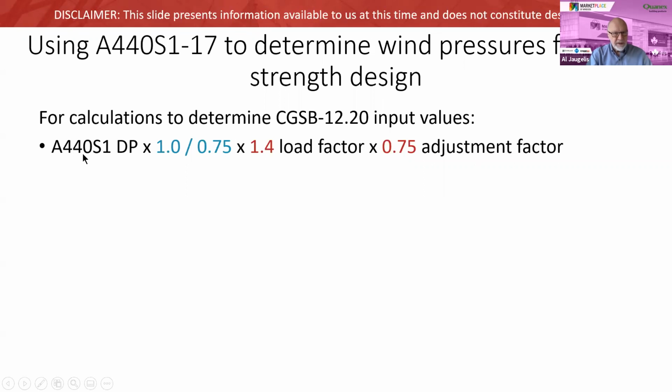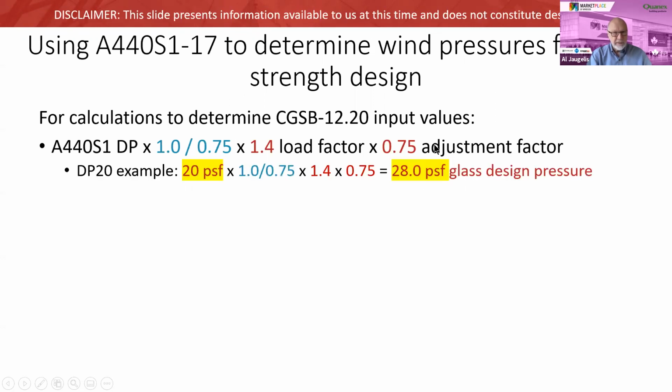If we're going to design to the Canadian standard, CGSB 12.20, we could start with the Canadian supplement design pressure for the building location and the height of the window, multiply it by 1, divide by 0.75, which amounts to 1.33333, multiply that by the 1.4 load factor that Part 4 tells us to use, and multiply it by the 0.75 adjustment factor, which Part 4 tells us we can use for CGSB 12.20.